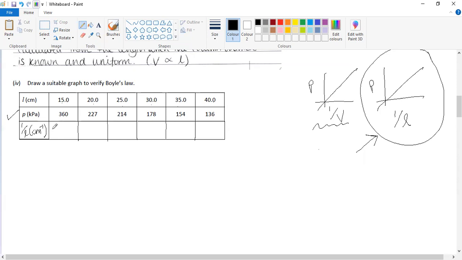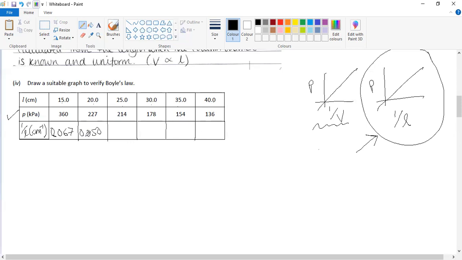Okay. We're going to have lots of zeros. My decimal point doesn't work great on this pen. 0.0067. Here you go. 0.005.